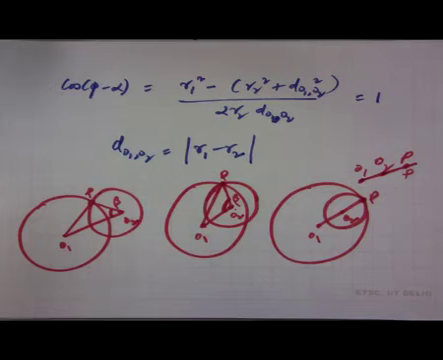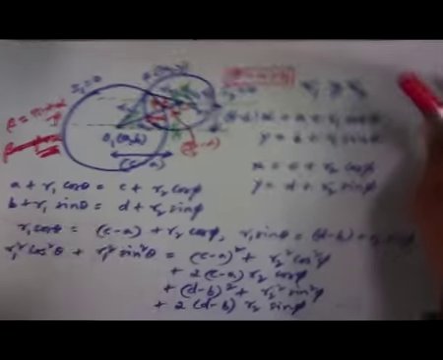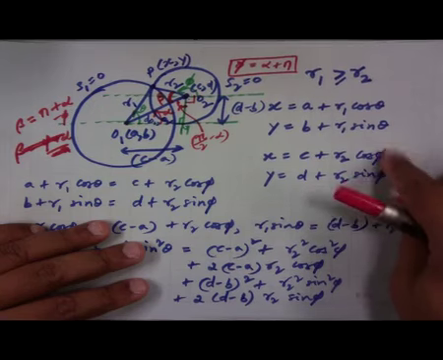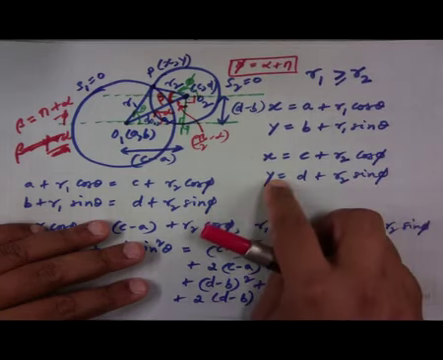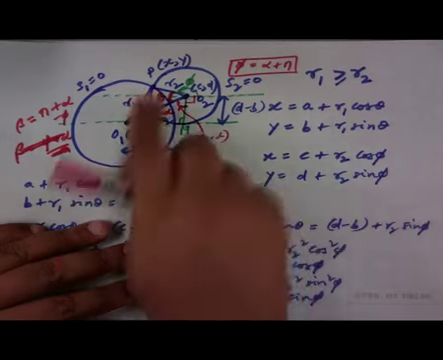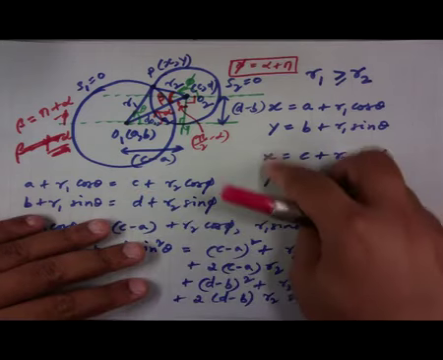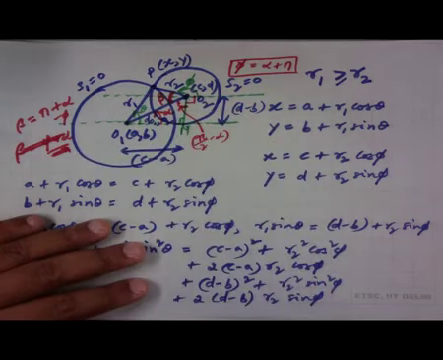That basically means that the two circles intersect each other at only one place. If we go back to this slide, each different value of phi will correspond to a different point P, because if we change phi, then the x and y coordinates will change, which means we get a different point of intersection.